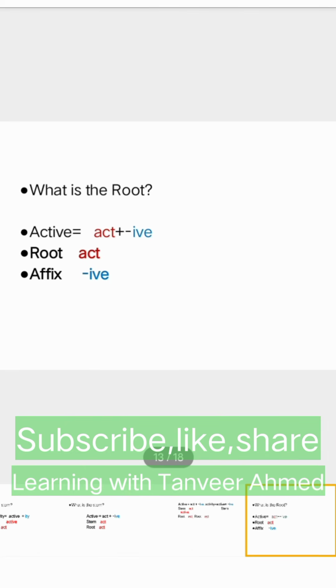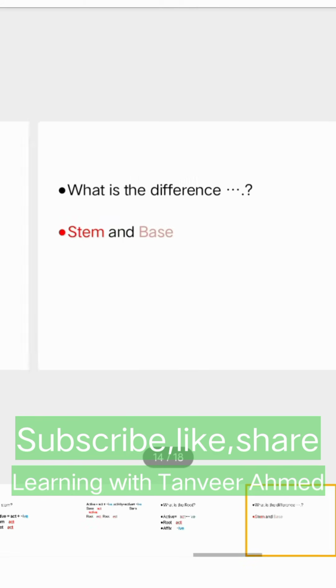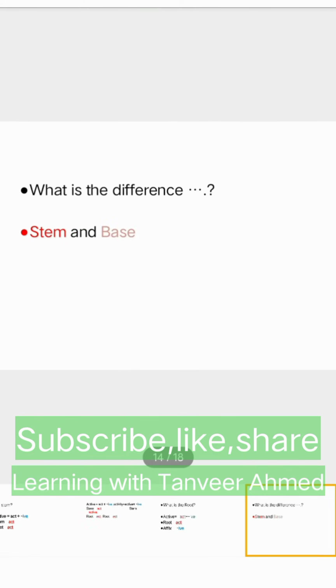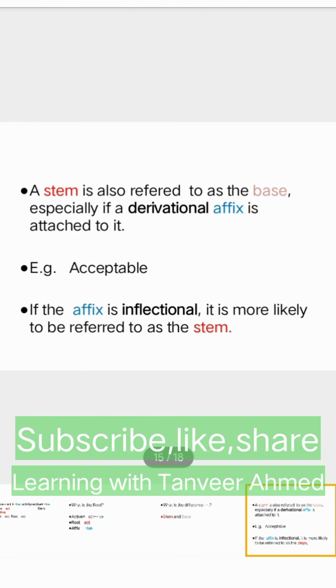What is the root? In "active", "act" is here root and affix "ive". This is very simple. What's the difference between stem and base now? A stem is also referred to as the base, especially if a derivational affix is attached to it.